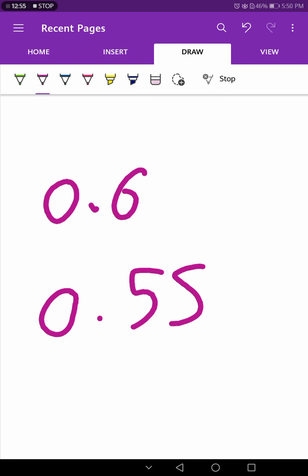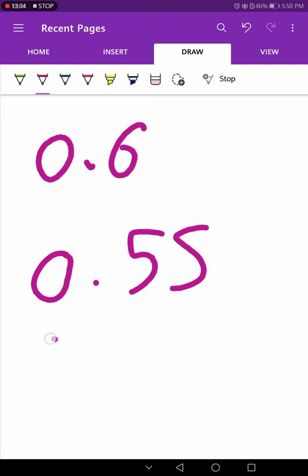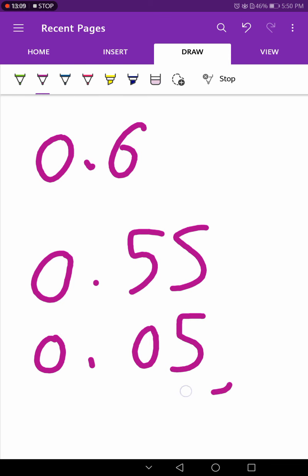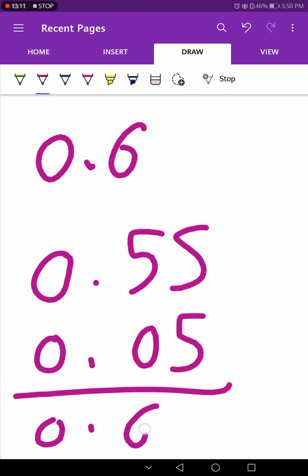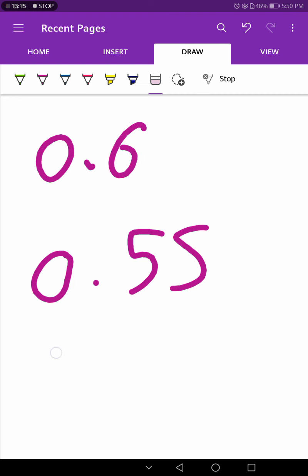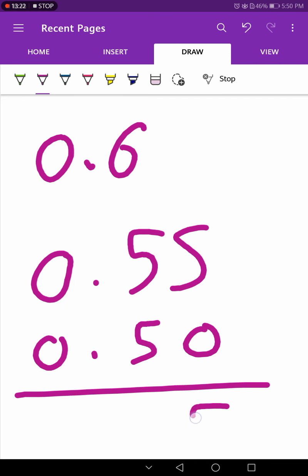I asked him, it is 5 what? Hundredths or tenths? He said it is hundredths, and he is correct. Because if you add 5 hundredths, you get 0.60. But if you add 5 tenths, see how much you get: 1.05.